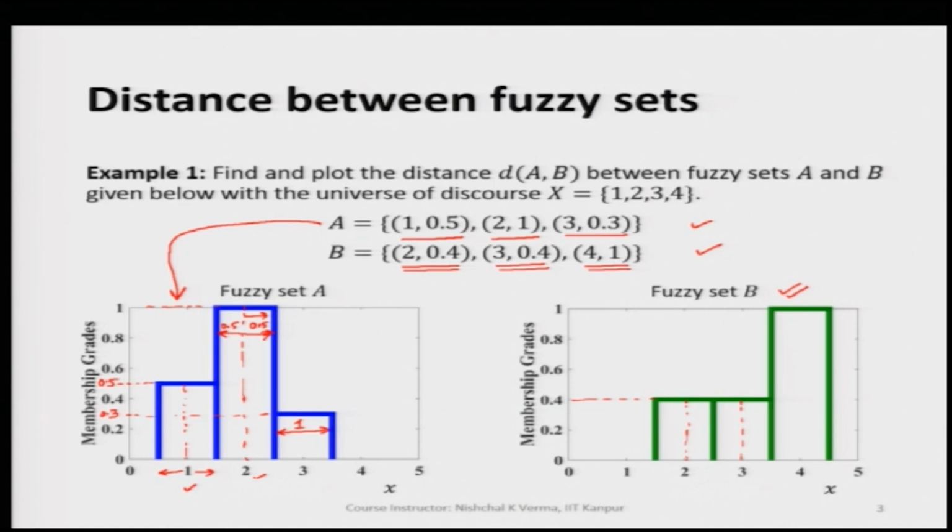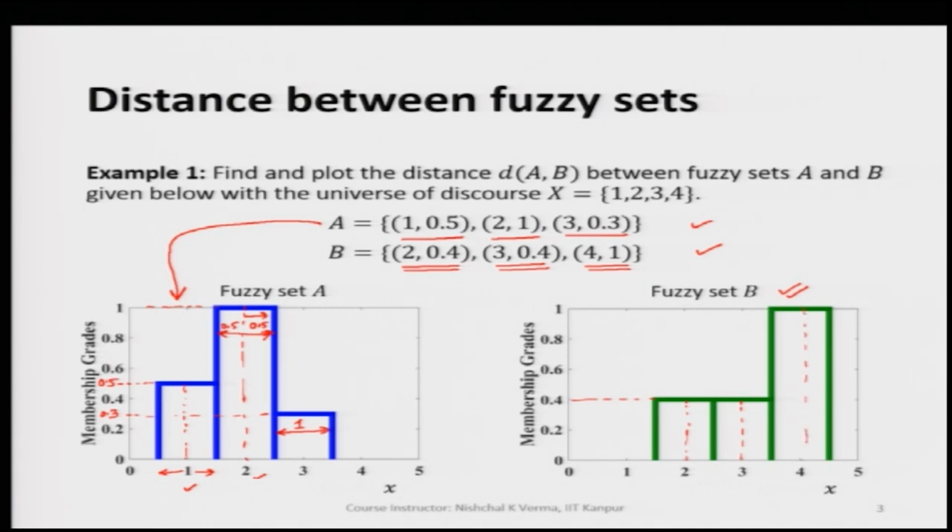The third element is 4 comma 1. This 4 is the generic variable value and the corresponding membership value is 1.